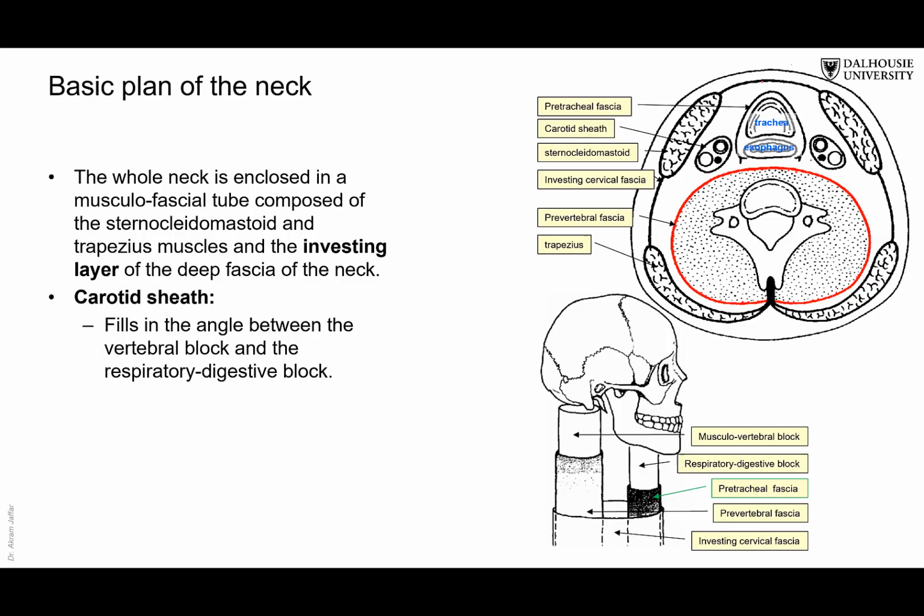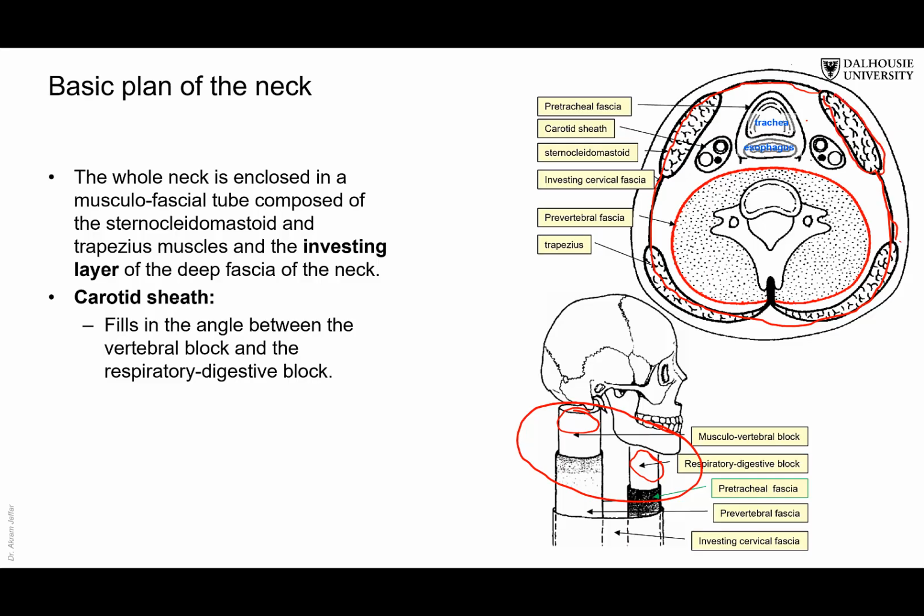So until now, we have mentioned two names of the fascia of the neck. And then the whole, the two blocks, as you can see here, the musculovertebral block and the respiratory digestive block, is enclosed in another fascia, which is this one, and this is called the investing layer of the deep cervical fascia. And actually, it is not only the fascia, but as it reaches here, this is the sternocleidomastoid muscle.